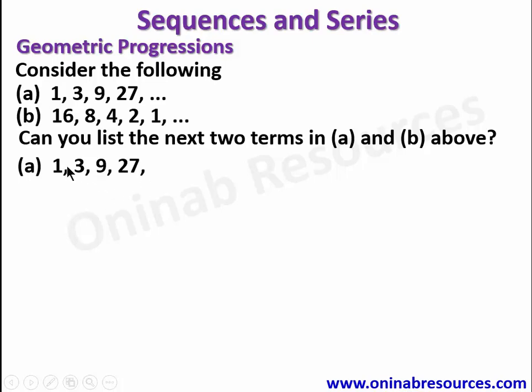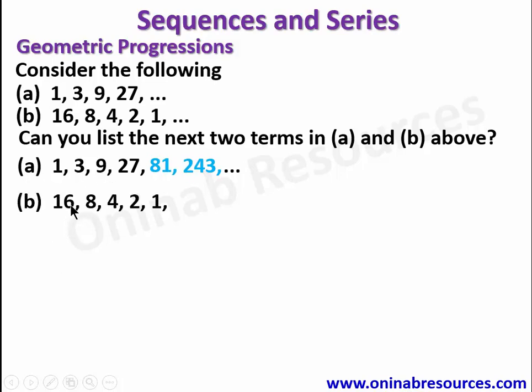So each term is obtained by multiplying the preceding term by 3. Therefore, we will have the next terms to be 27 times 3, 81, times 3, 243. And so on. So these are the next two terms of the sequence in A.